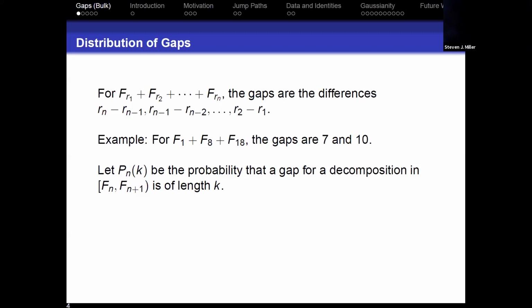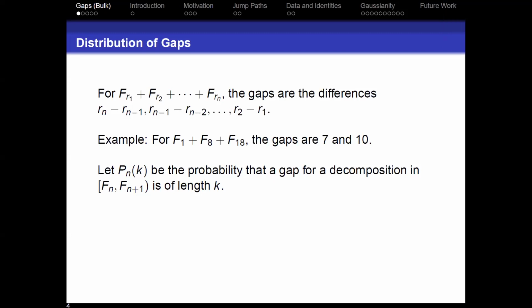And then what we're doing here is we're looking at every single number in the interval. For each number in the interval, we look at all of its gaps, and we see how often we have a gap of length k. So k could be 0, it could be 1, it could be 2. It could get as large as, I think, n minus 1.